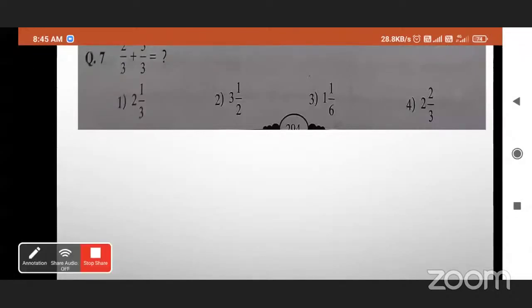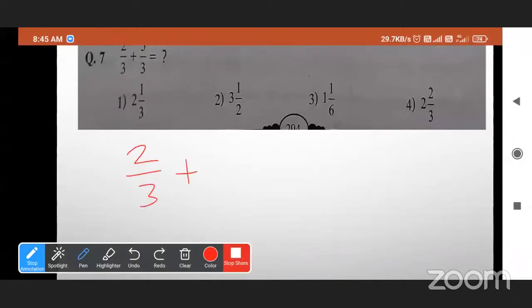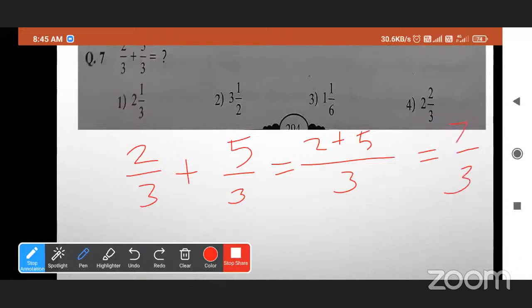Okay, so the denominator is the same. 2 plus 5 is 7 upon 3. In the options, 7 upon 3 is given? No. Okay, so 7 upon 3 is incorrect, but this is an improper fraction.